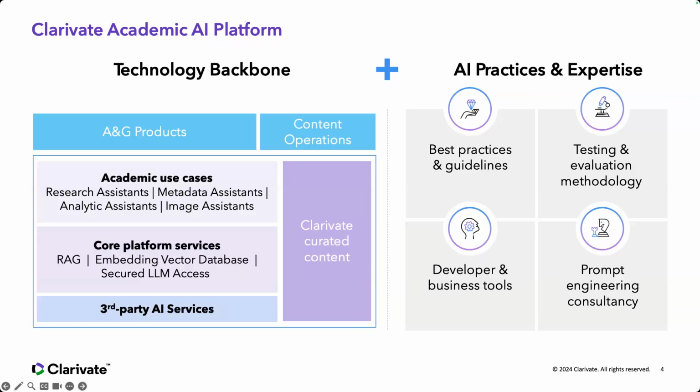Those can manifest, for example, in these research assistants, so these general purpose tools that embed generative AI in them to help users navigate the types of tasks that they usually experience within our respective products. But not just looking at knowledge research assistants, we can also look at things like metadata assistants.